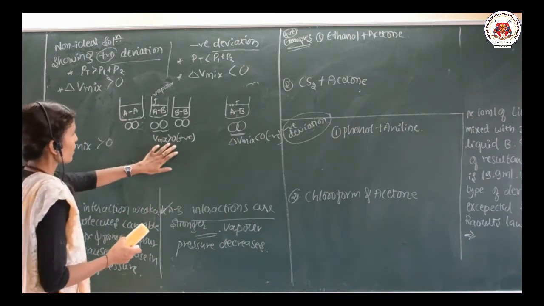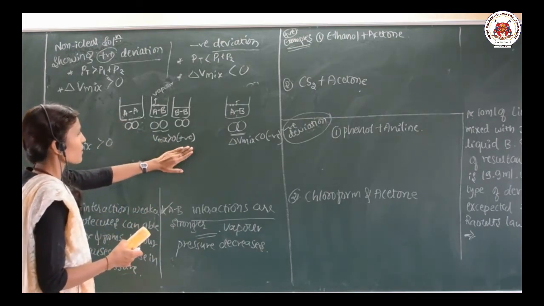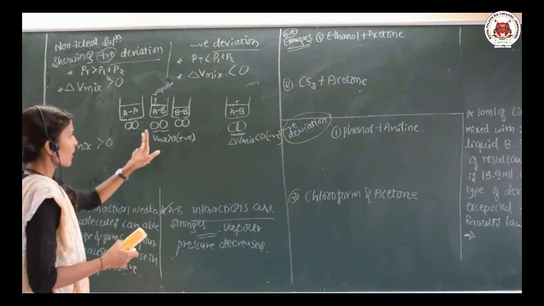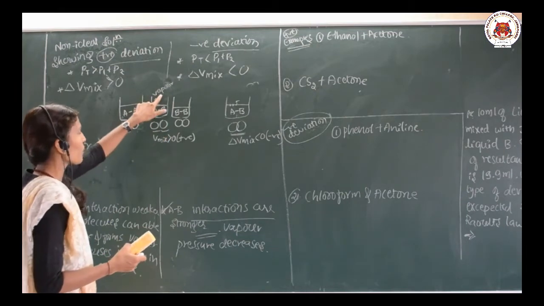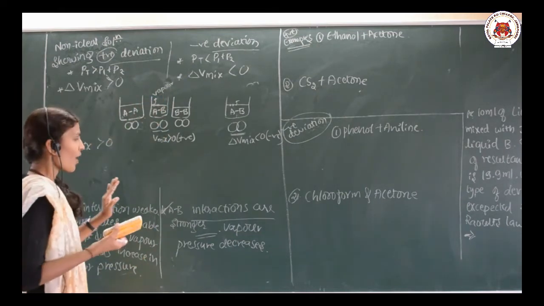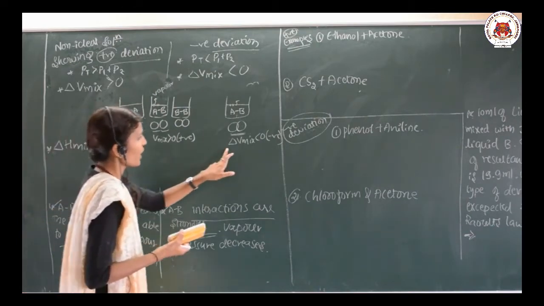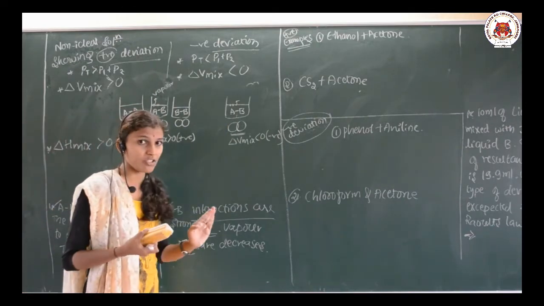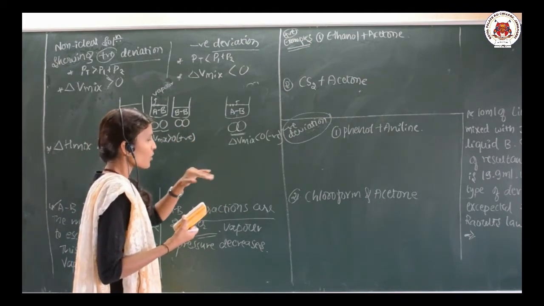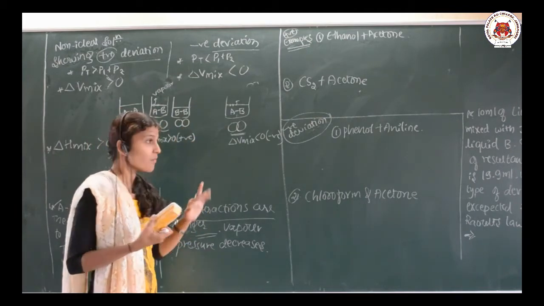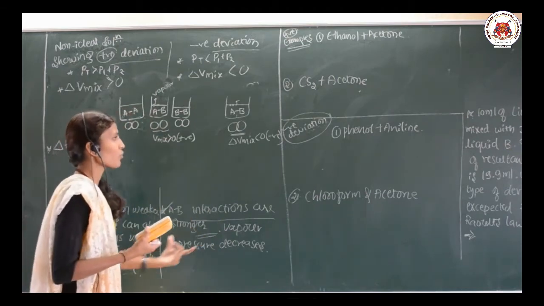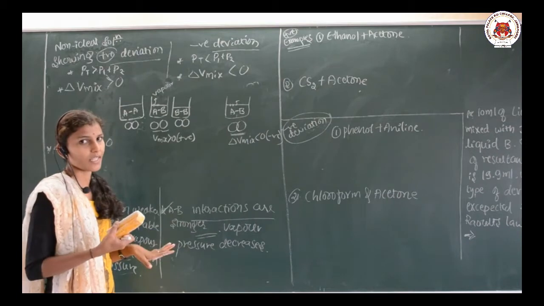Here in case of positive deviation, delta V mixing is greater than 0 because the AB interactions are weaker. As the AB interactions are weaker, the vapor pressure also increases because they can easily evaporate. And in case of negative deviation, AB interactions are very strong, they cannot easily escape from the surface, and then we can say that the vapor pressure is going to decrease.